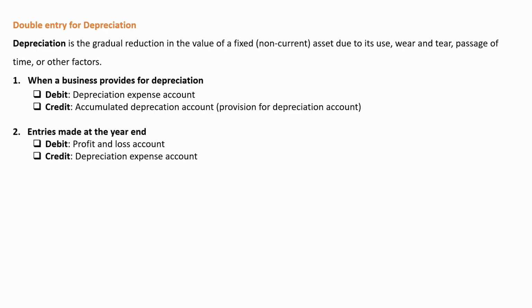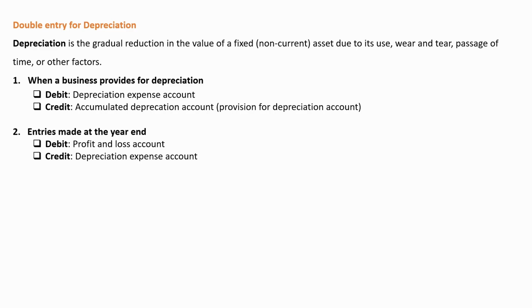For the accumulated depreciation account, it is taken to the next year and the next year and the year after that. In other words, it usually has a balance carried down, which is taken to the next year, and you are going to keep that account as long as the asset exists. But for the depreciation expense account, it is just a 1 year account.